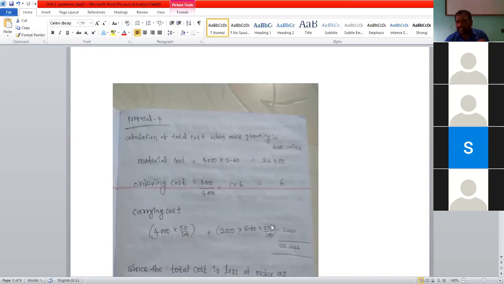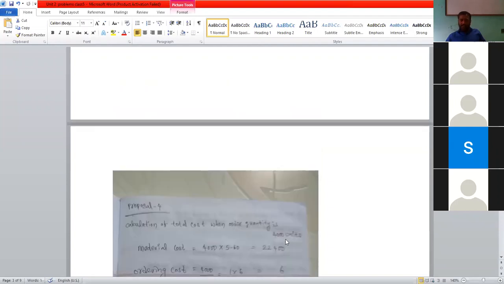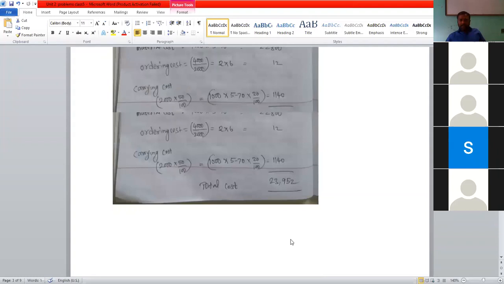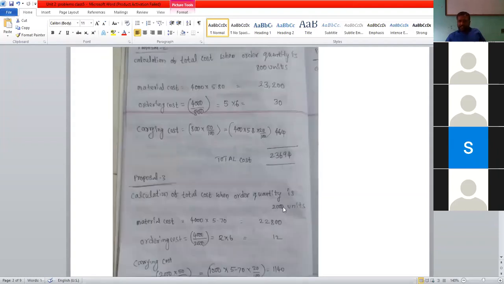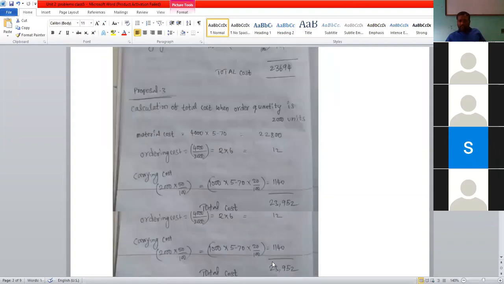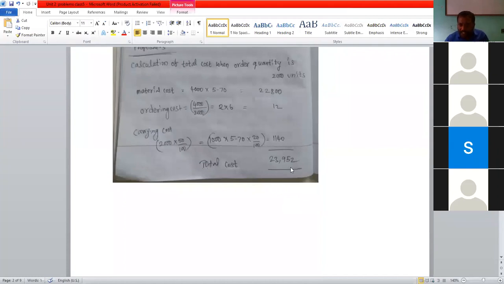The proposal with the lowest total cost is going to be accepted, and that we can call the economic order quantity, which will give the optimum standards. So here, just for understanding, look once again. When 4,000 units, the total cost becomes 24,646. When 2,000 units, the total cost becomes 23,952.